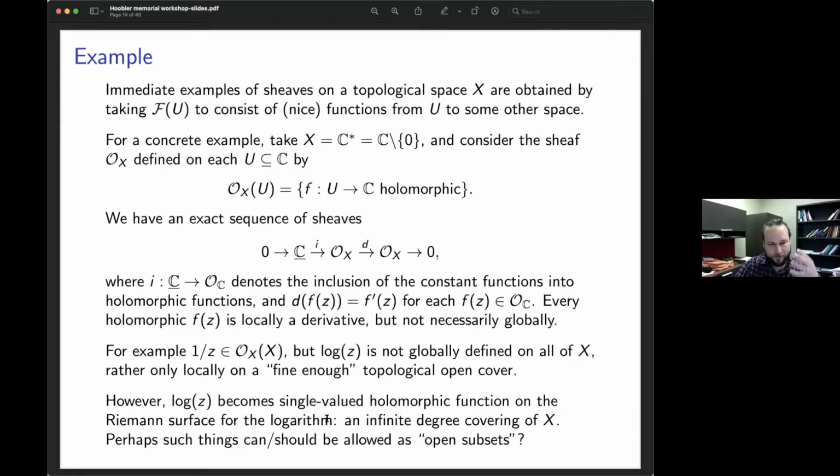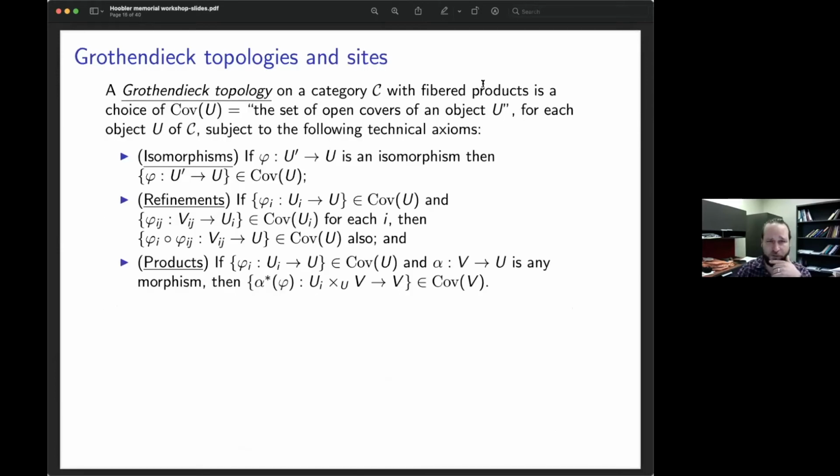In fact, one's tempted to try to pretend that the Riemann surface of the logarithm should be a strange kind of open subset of X as well. And the desire to do this kind of thing is what motivated historically the abstract definition of Grothendieck topologies. Here's that abstract definition that I promised you.